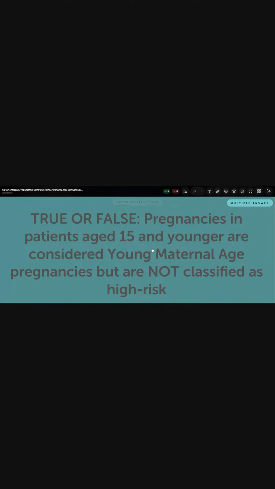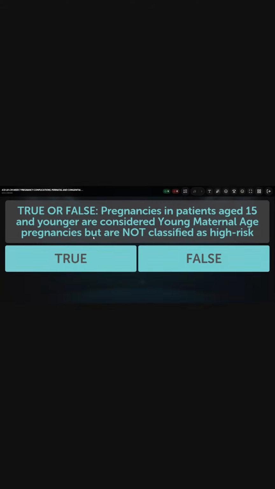I totally agree. All right. So, great job. I think everyone got that one right. Great work. All right, let's complete our other chapter 15, close it out. Okay, pregnancies in patients ages 15 and younger are considered young maternal age pregnancies, but are not classified as high risk. True or false?